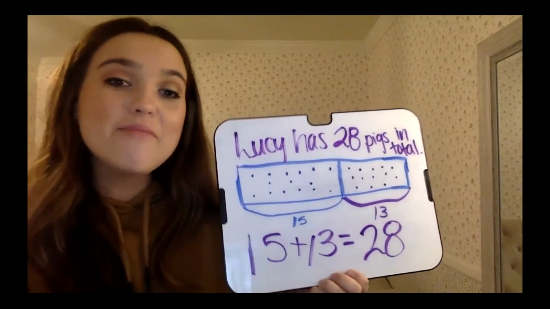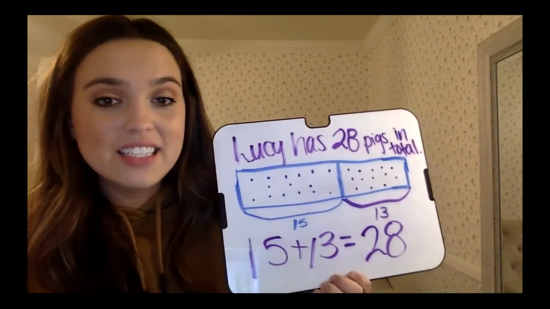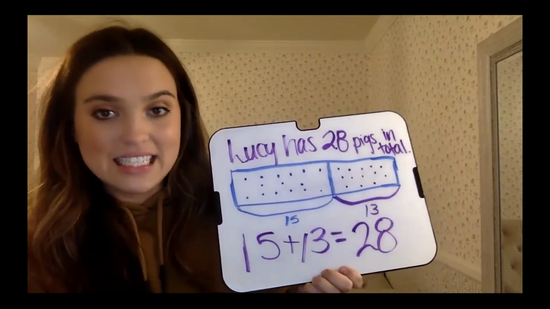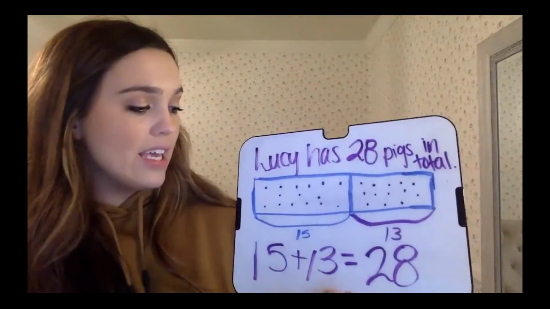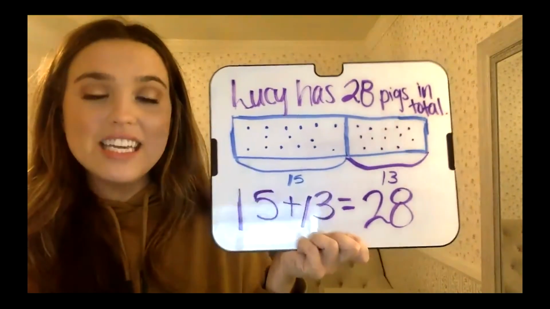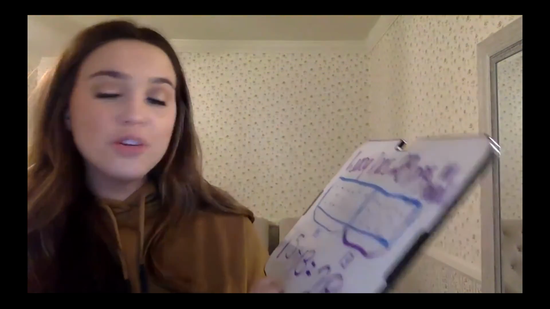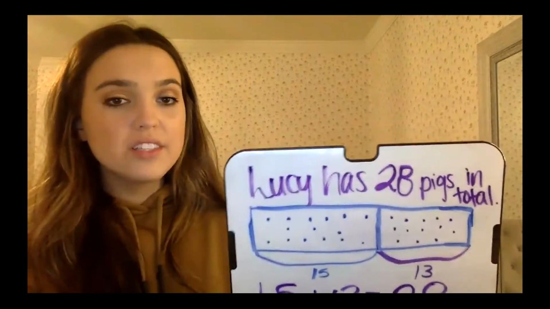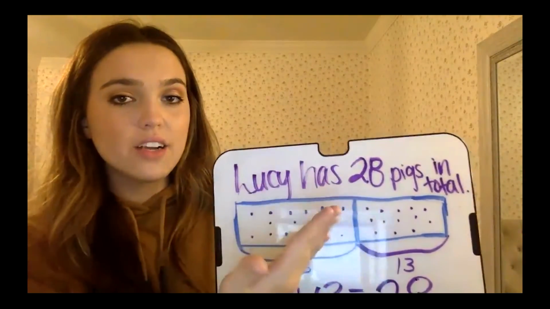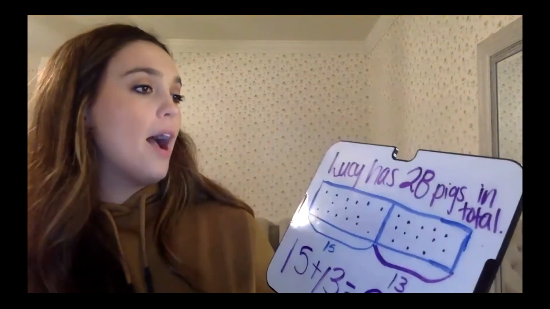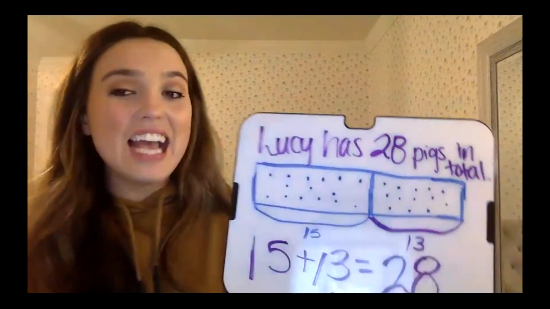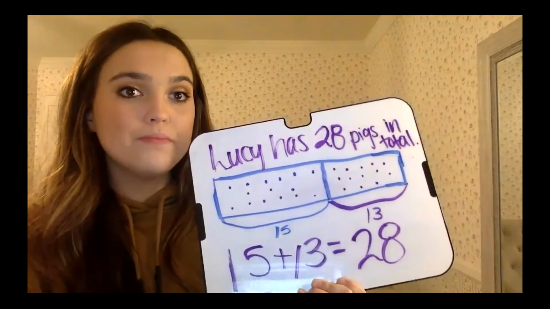All right, number 3 is to create a number sentence, which we did right here, our 15 plus 13. And after we did that, we created our word sentence by giving an answer. We said Lucy has 28 pigs in total.